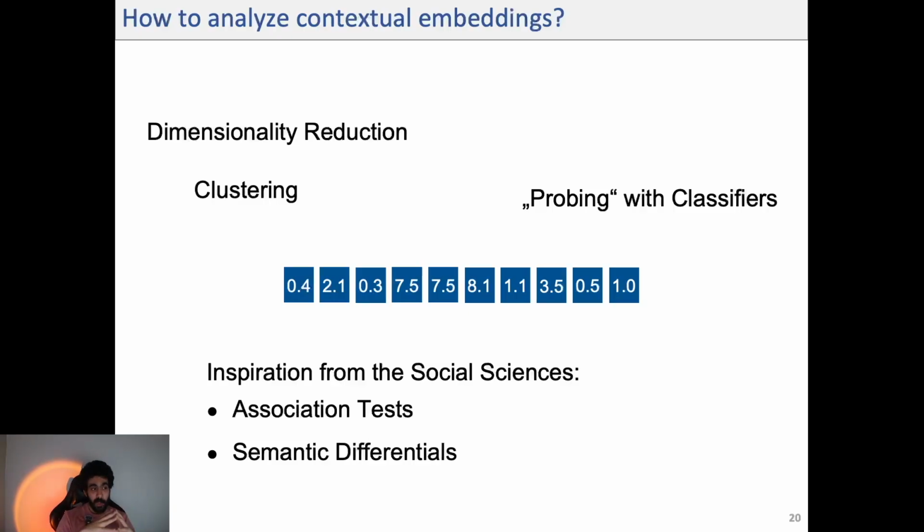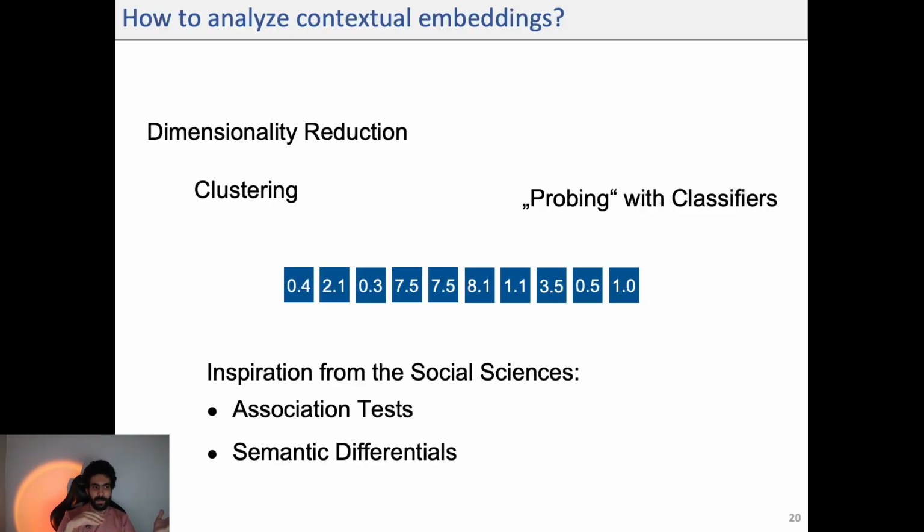Another technique is called probing. We train a simple classifier to predict a certain property from the embeddings, like part of speech, tense, or even if a sentence is a question. If the classifier performs well, it means the information is probably stored in the embeddings, even if the model wasn't trained explicitly for that task. Finally, we can also take some inspiration from psychology and social sciences, using methods like association tests or semantic differentials.